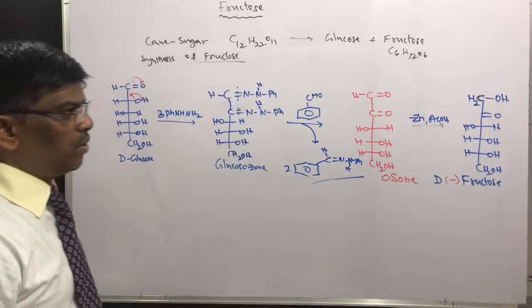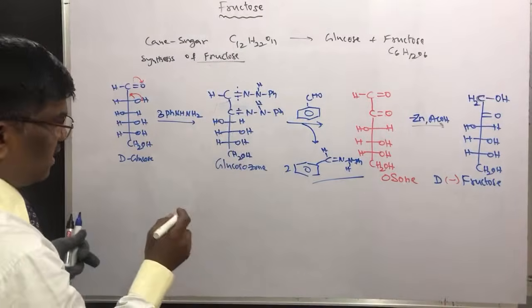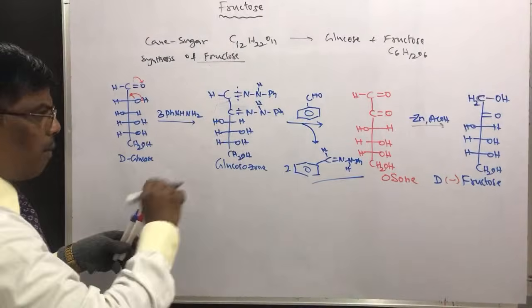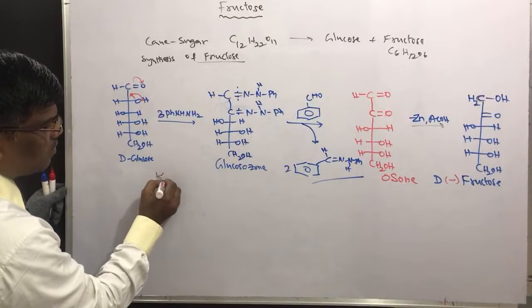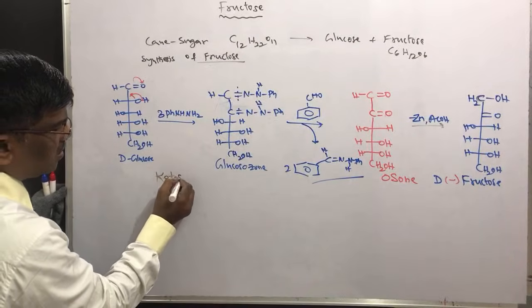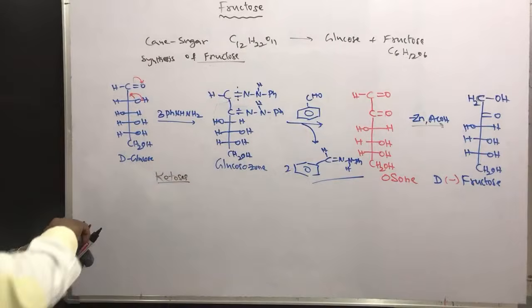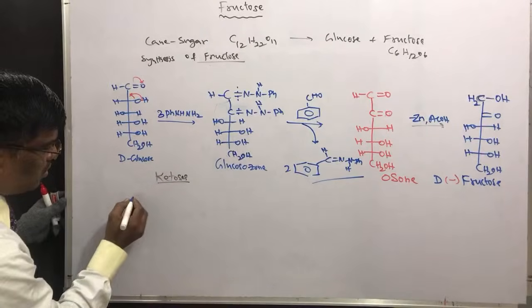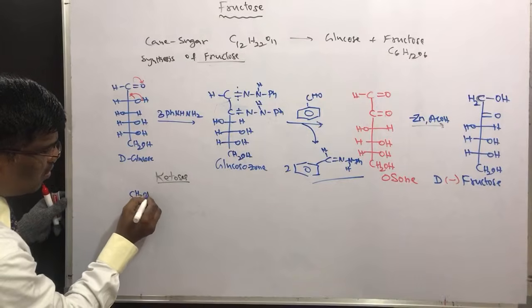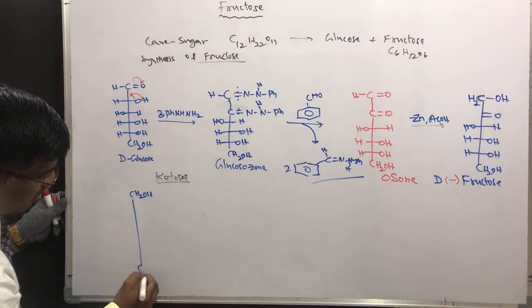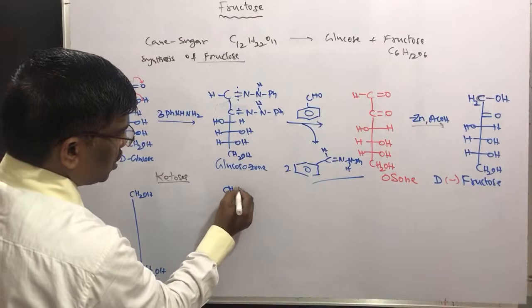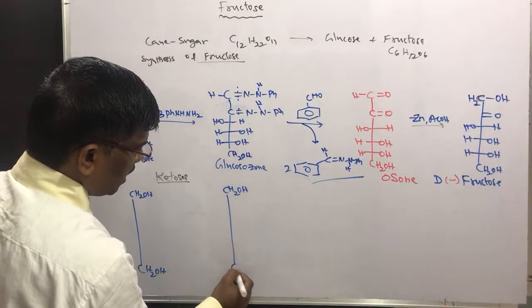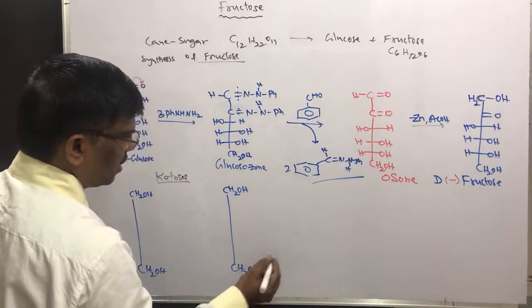Yes. So in this series, if I write 4 compounds, the 6-membered ketoses, let me write: CH2OH, CH2OH, CH2OH, CH2OH. Dear students, you may not get this material anywhere.